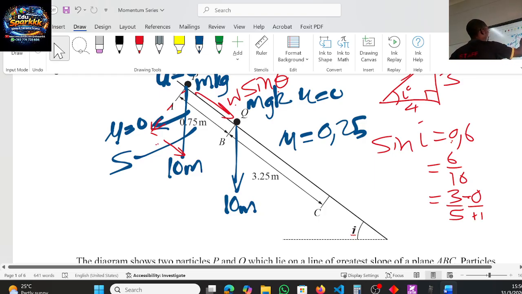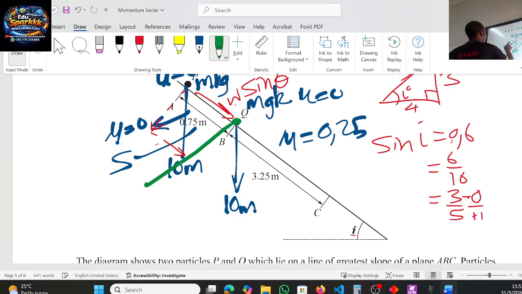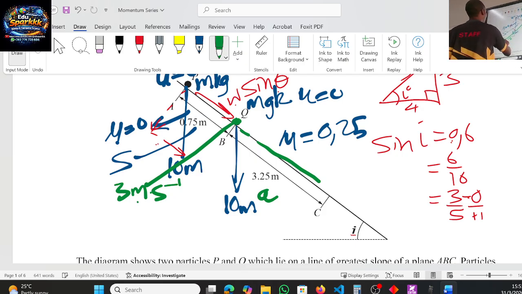We know that at this point, the final speed of object P is going to be 3 meters per second. But remember, in this section, which is rough, whatever value of acceleration that we have, it will apply to both P and Q, because they are of the same mass. But now, in this section, this value, which was V, becomes U for this particular section.